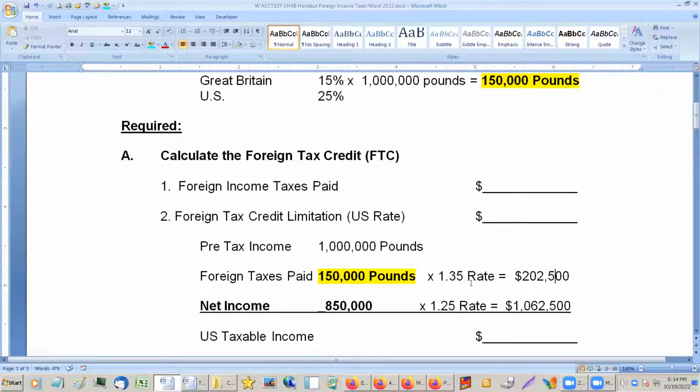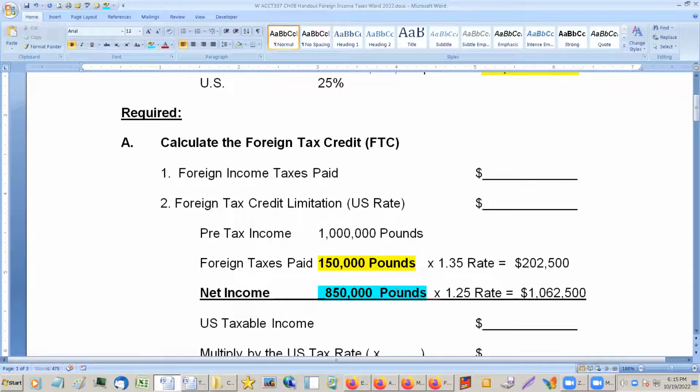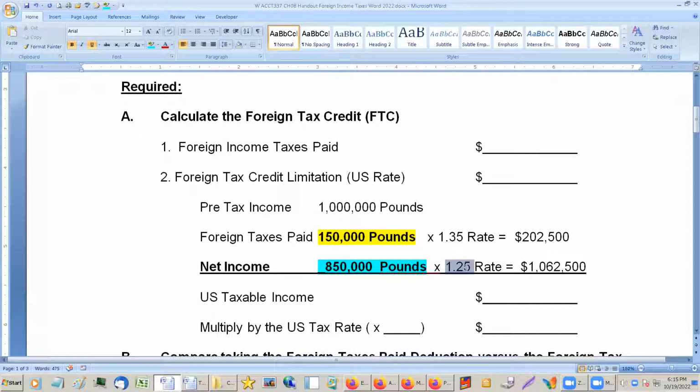Okay, so now notice what's going on here. These are actually at two different rates. Why? Because the 150,000 pounds was taken out at the $1.35 rate, whereas the 850,000 pounds are earned throughout the year at the 1.25 rate. So these were actually taken out at a higher rate than throughout the year.